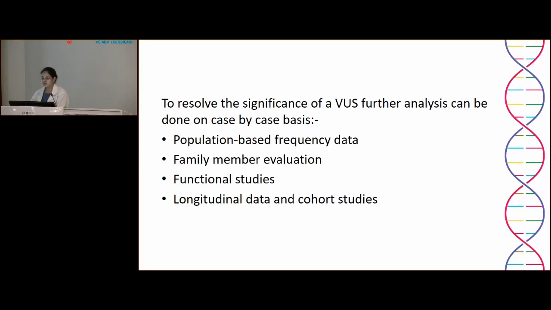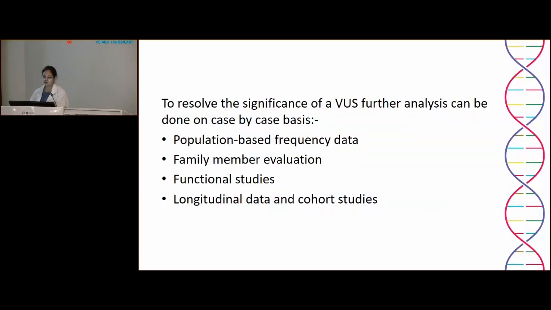So one can go for extended family screening, because if the variant is present in the family, it must have shown up somewhere. Or you can also look in the literature. Even if you look in the literature, you should always check what evidence they have given for that variant reclassification.